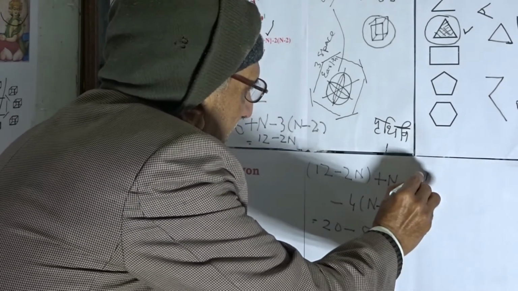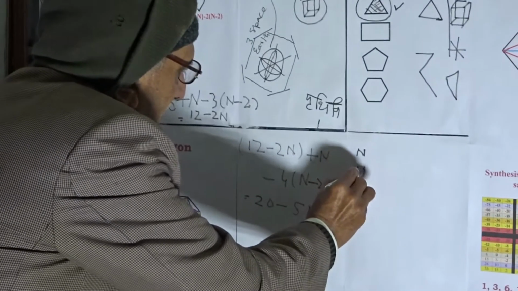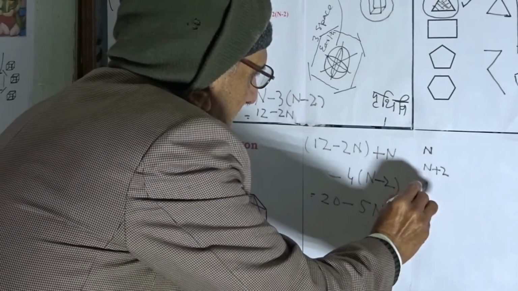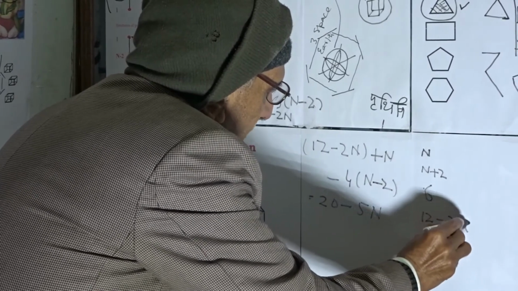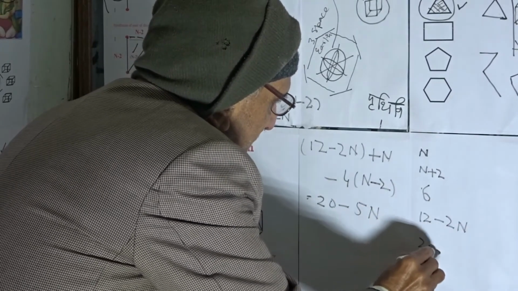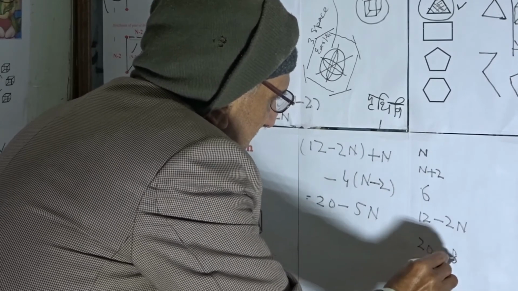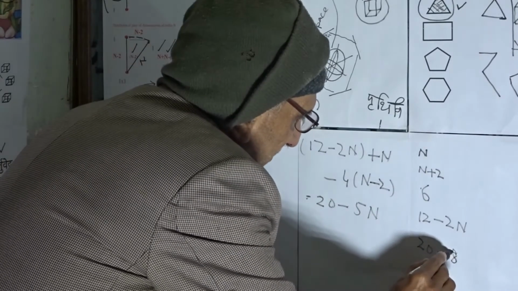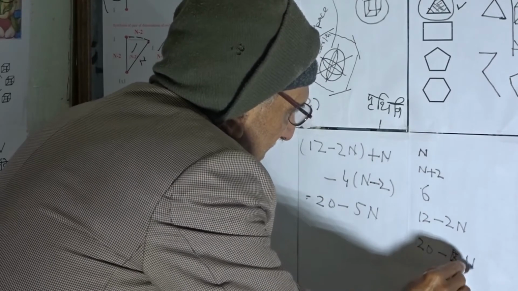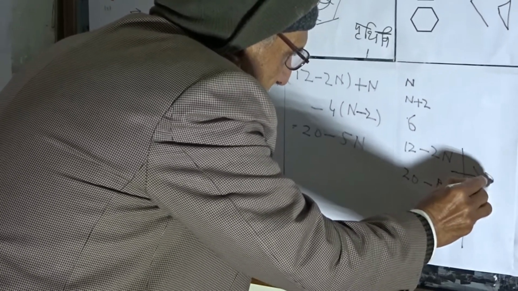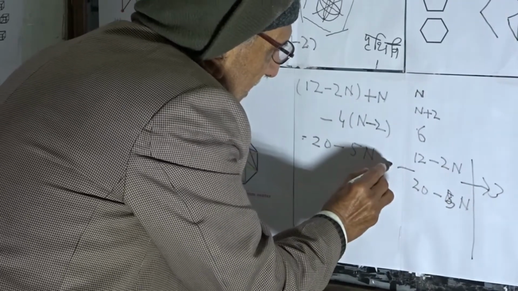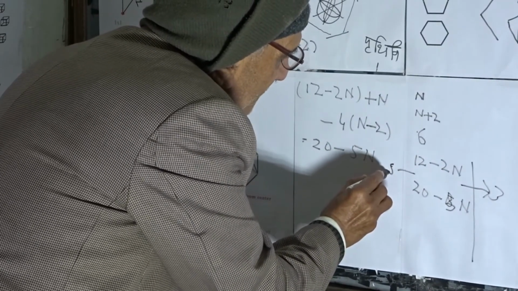See how it is happening. We are having n for single, n plus 2 for pair, 6 for triple, 12 minus 2n for quadruple, and 20 minus 5n. See how the pattern coming to be. Here we are adding 3, and here we are adding 8.